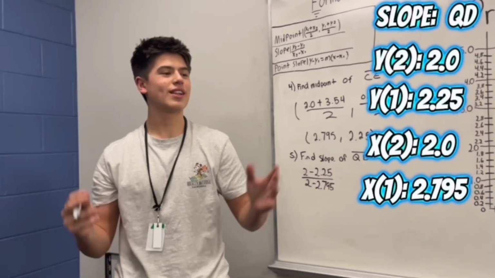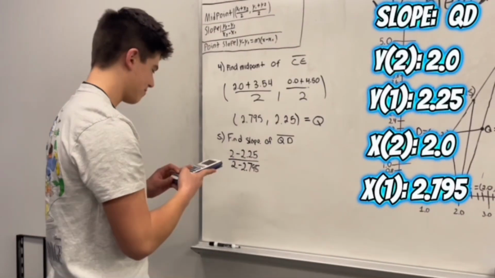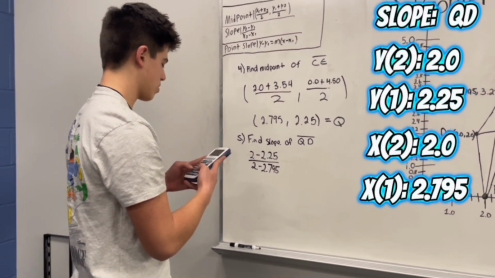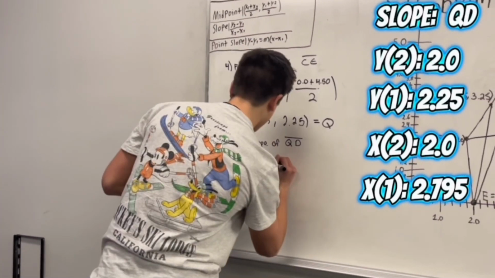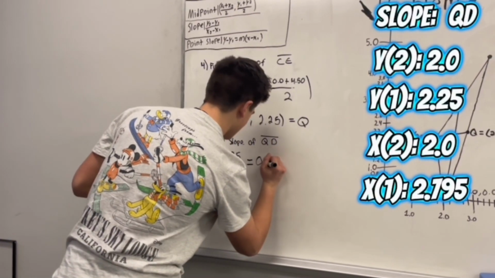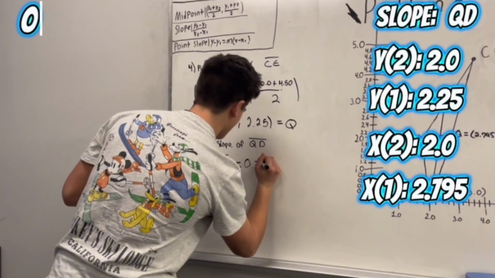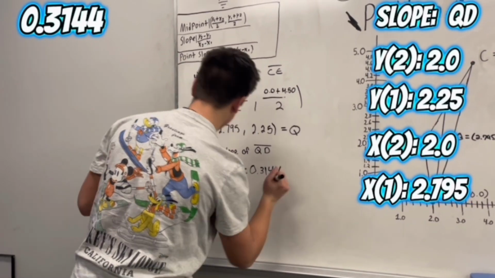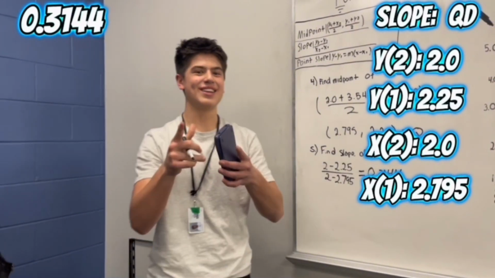And then calculator, anybody? 0.3144. And that is how you find slope.